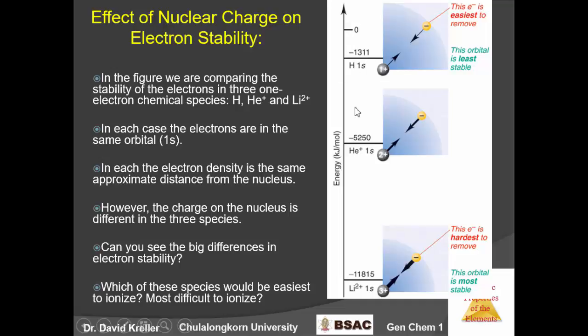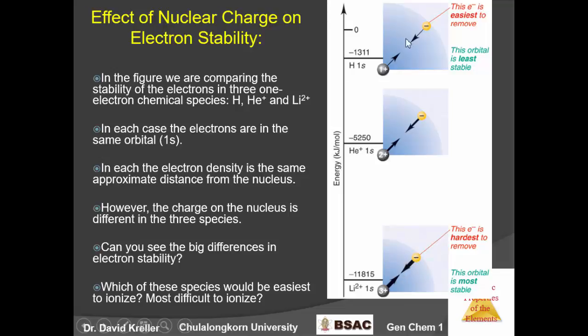You can look at these numbers and say how much energy would be needed to pull those electrons away from the nucleus. The electron is much, much more strongly attracted to the nucleus with a three positive charge, and obviously this would be a much harder system to ionize.